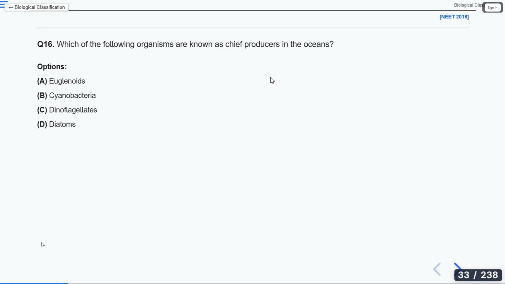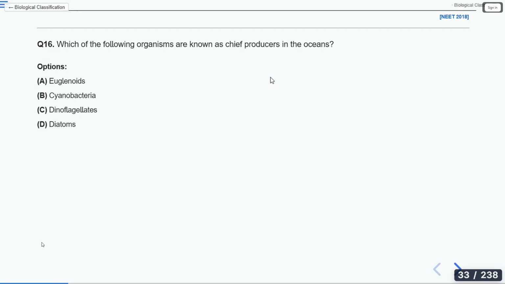Blue-green algae. Where can you see cyanobacteria? Mostly I think cyanobacteria can be seen in all environments actually.